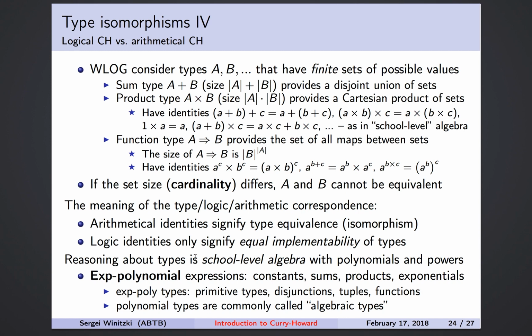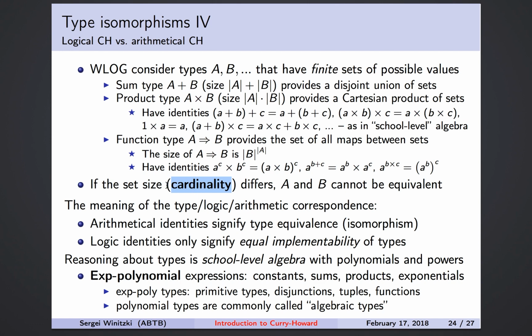And this does not limit our generality, because in the computer everything is finite. All types have a finite set of possible values. Now let's consider how many values a given type has. So that would be the size of the type, or using the mathematical terminology, it's called the cardinality of the type.